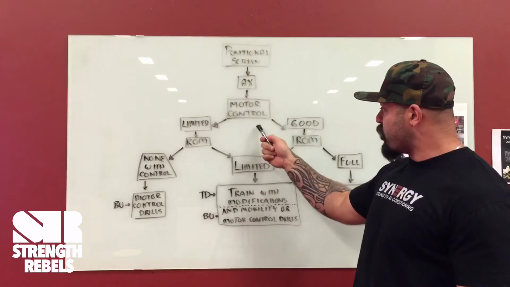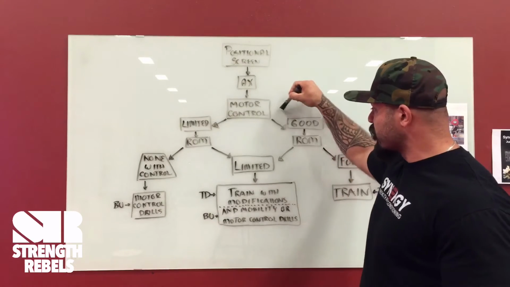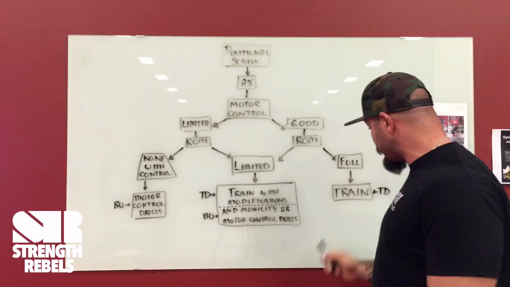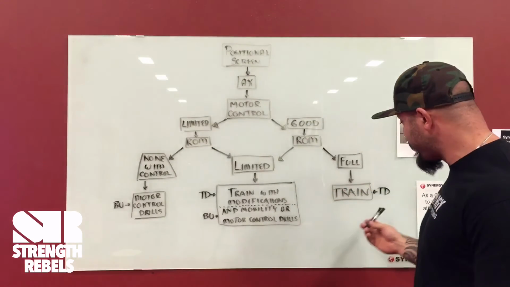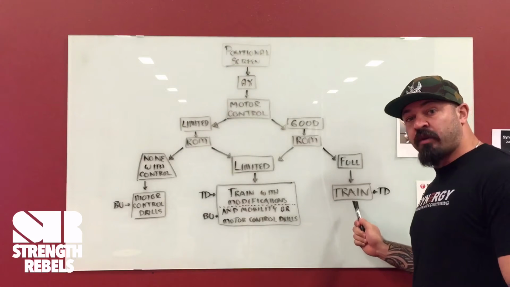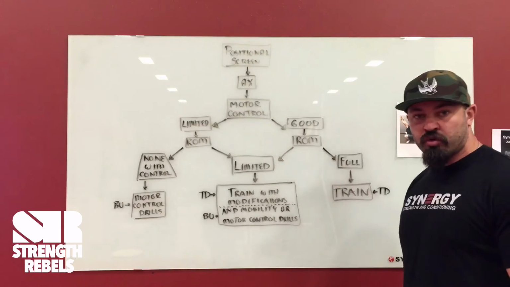So that's the path through good motor control, limited range of motion. Now from good motor control to full range of motion, we end in the best place possible. That is training, which is, from our standpoint, full top down, okay? Full top down is you're training with full range of motion, the full movement pattern. You express good motor control and good range of motion.